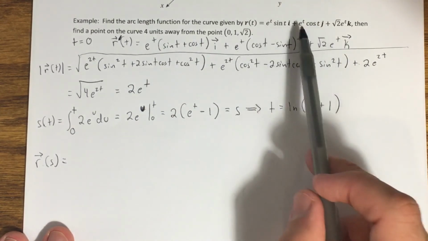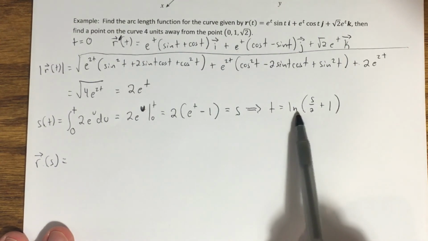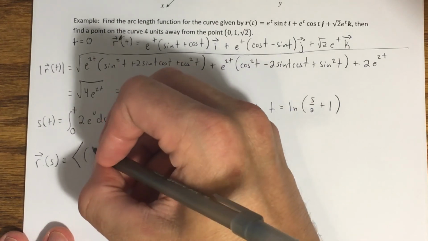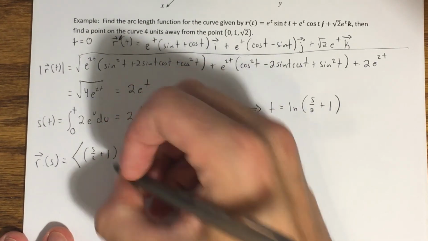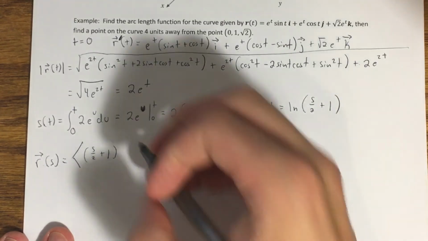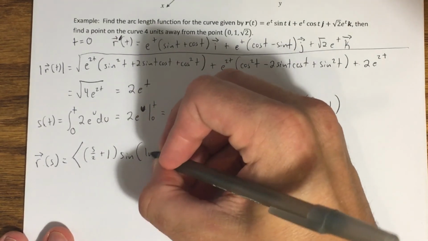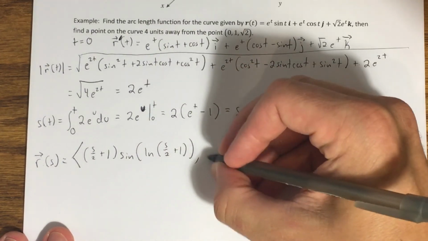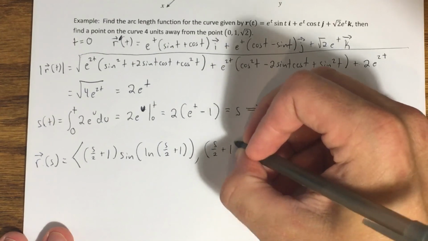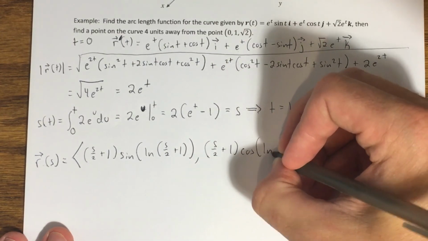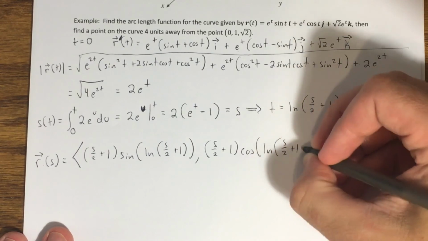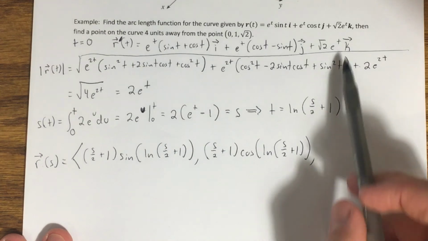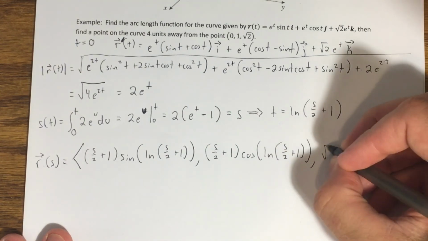Notice all of the e to the t's are just going to cancel with the natural log, and so what I end up with, I'm going to write this in component form, is s over 2 plus 1 times sine of the natural log of s over 2 plus 1. This is the part that looks messy. And then I'm going to have s over 2 plus 1 times cosine of the natural log of s over 2 plus 1. And then finally, this one doesn't turn out so bad, so I'm going to get s over 2 plus 1 times root 2.